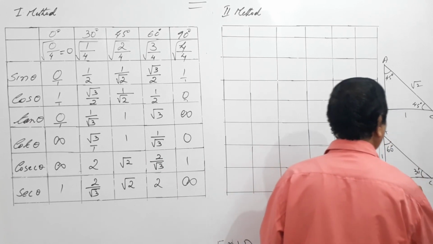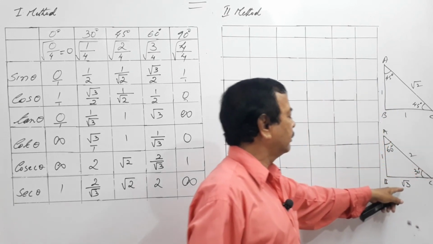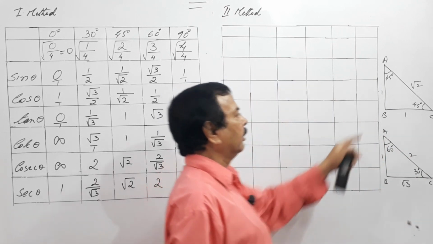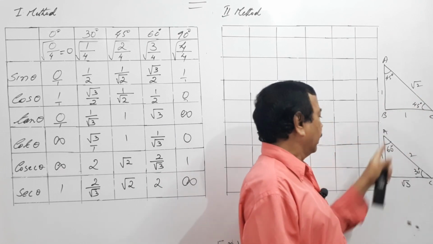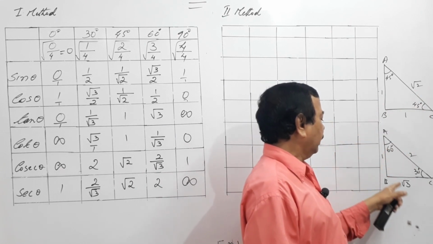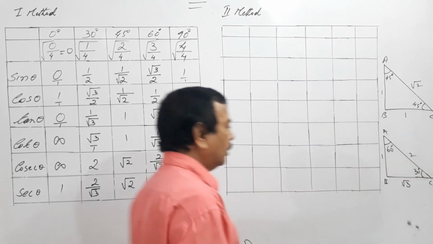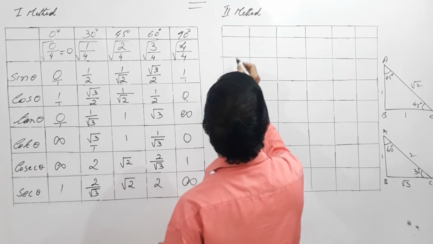So name this 1, root 3 and 2. These values are very important. If you go wrong here, your entire values will be wrong. So in the first case when it is 45 degrees angle, 1, 1, root 2. And when it is 60 degrees, 1, root 3, 2. When it is 30, now what you do to begin with, in this case, I'll take sine.